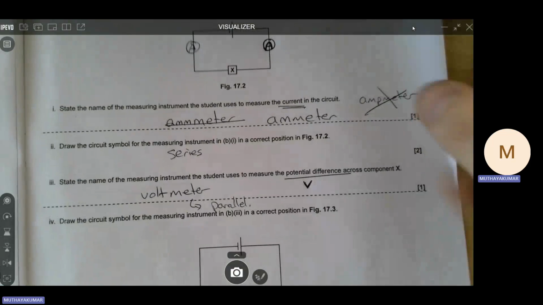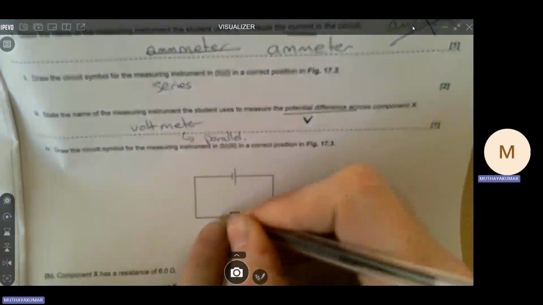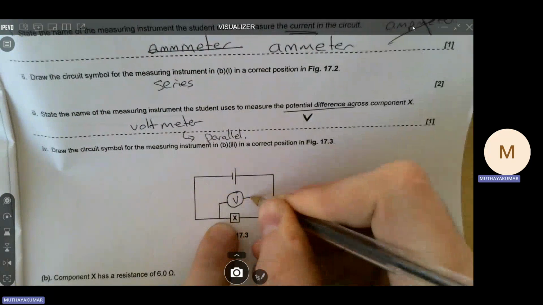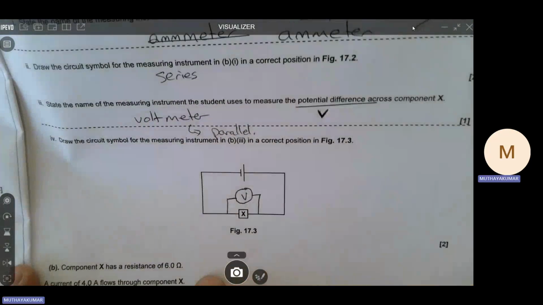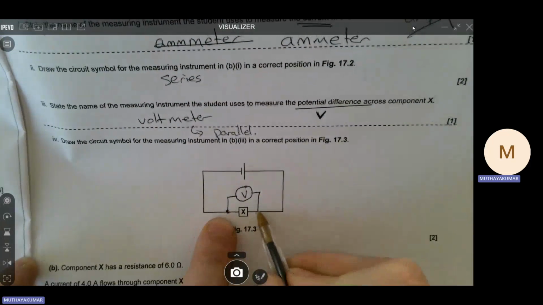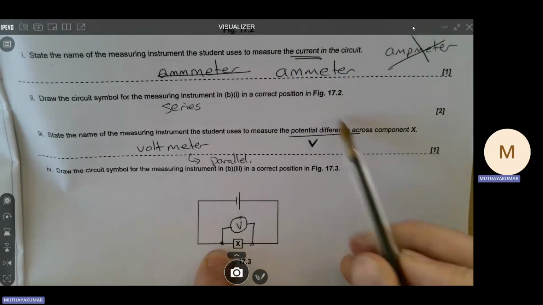So across the component, we need to make a new loop, a new branch, and put our voltmeter in. What we're actually doing is comparing the energy of the charges before and after and seeing what the difference in their energy is.